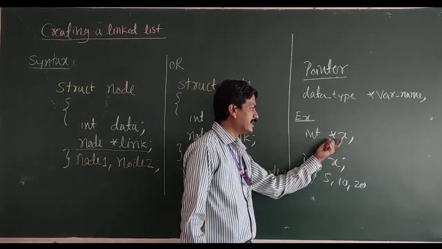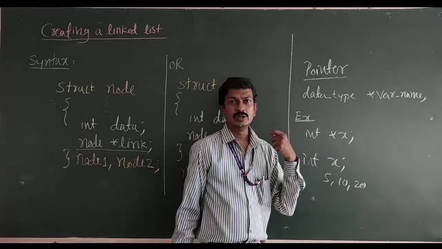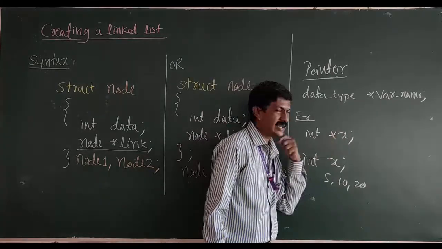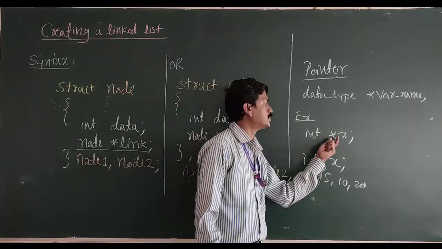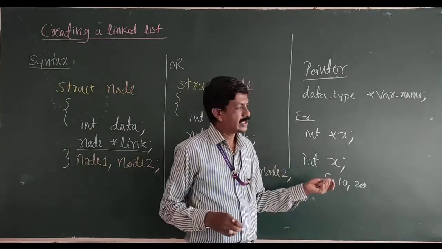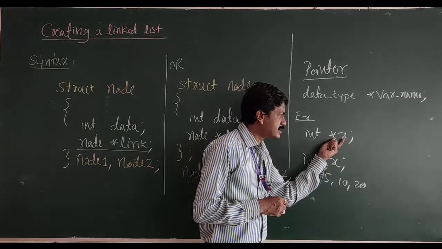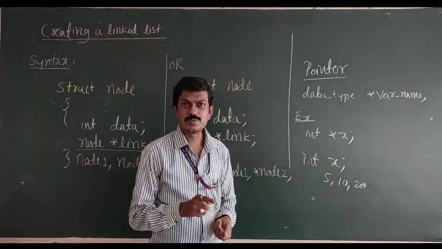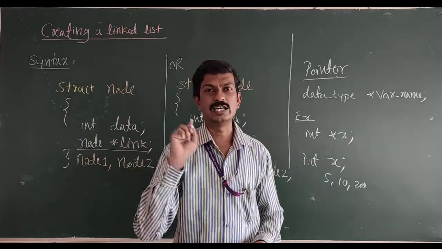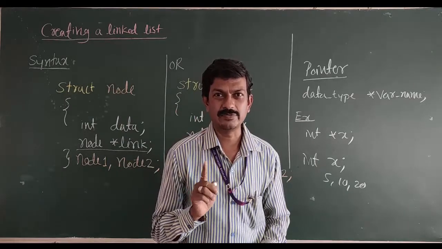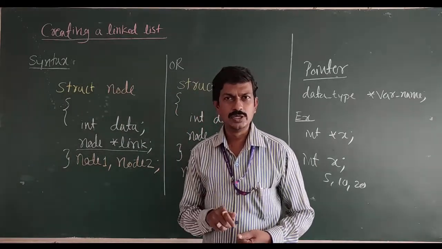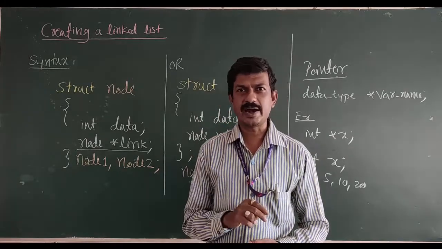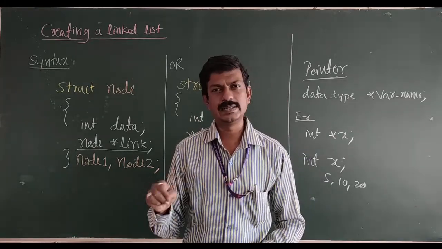Now we declare int star x. This star x is specially meant for storing an address, and it is not able to hold a value. Whatever we want to store in this star x variable must be the memory address of another variable. Because we need to create a node, and a node consists of two different parts: the data part and the link part.